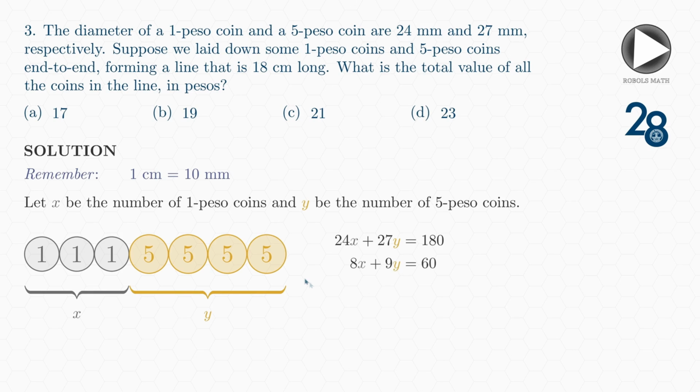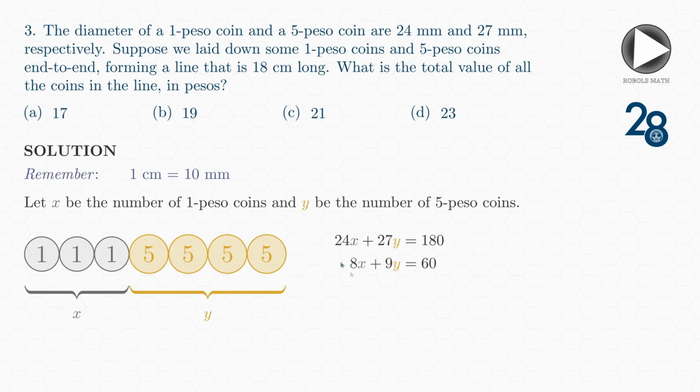That's okay. But just to further simplify the checking, I suggest that we do some filtering by noting that the right side, 60, is divisible by 3, and 9y is also divisible by 3.